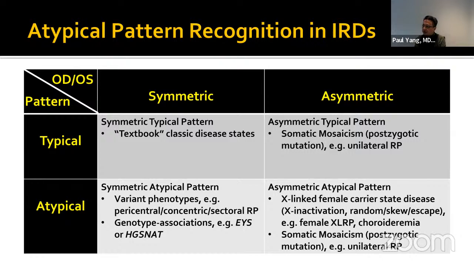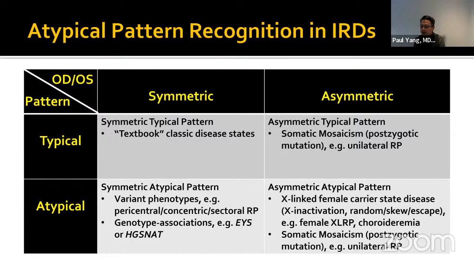There are different variant phenotypes, even just for retinitis pigmentosa. There are these phenotypes where the involved area is not the mid-periphery, it's pericentral, or it's concentric all the way out in the far periphery, or it's sectoral, only a zone of the retina appears to be involved.